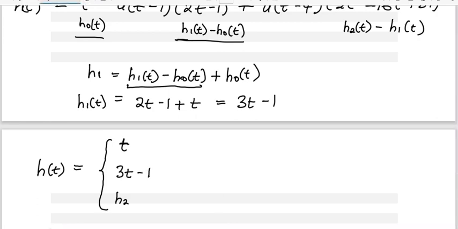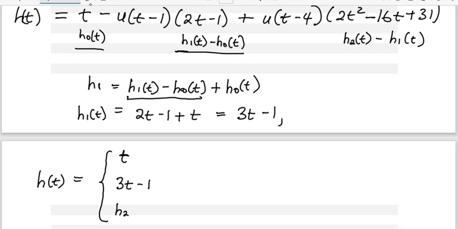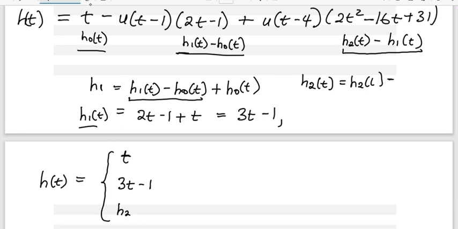Then it's left for us to find our h2 of t. How do we go about it? So here you have this, but now we know what our h1 of t is, so we can easily do our h2 of t will be h2 of t minus h1 of t plus h1 of t.